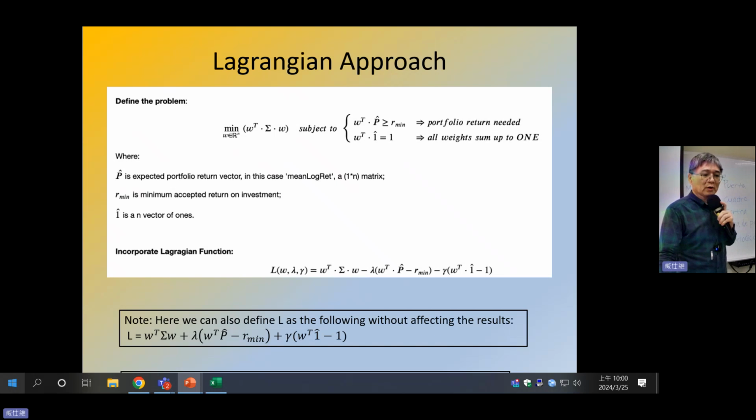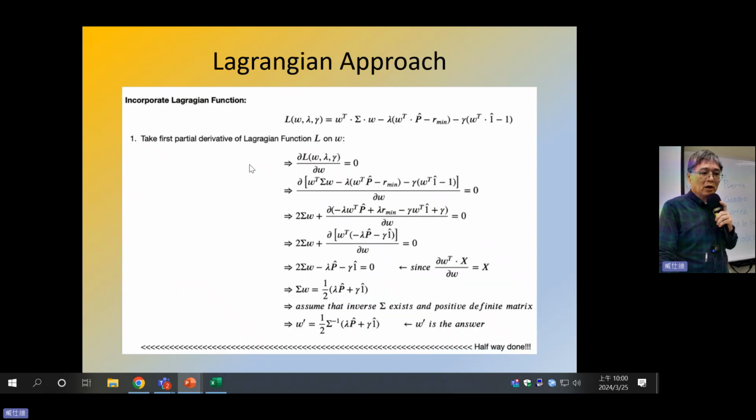So don't worry. But if you want to go into more detail about the process, you can follow the slides here. We just take the first partial derivatives of the Lagrangian function with respect to W. W is X, what we were using before.